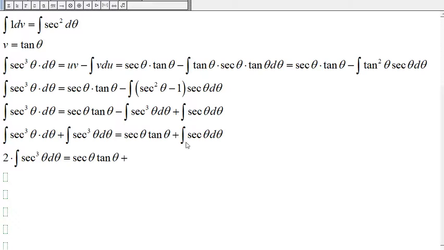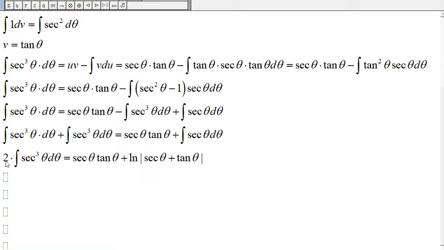And then recall that the integral of secant is the natural log of secant plus tangent. And then multiply both sides by 1/2.